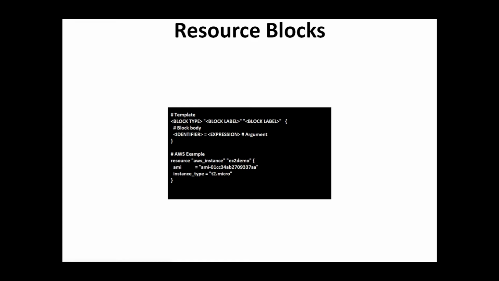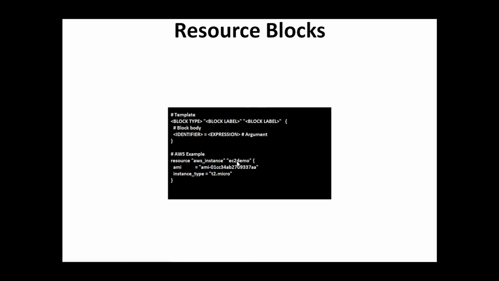Similarly, variables, which will be seen in our next sessions, variable is having just one label. Whatever you defined inside the blocks are called arguments. So this AMI, this is the argument name, and right side, this is the argument value. So in here, AWS instance is called the resource type and EC2 demo is called the resource local name.